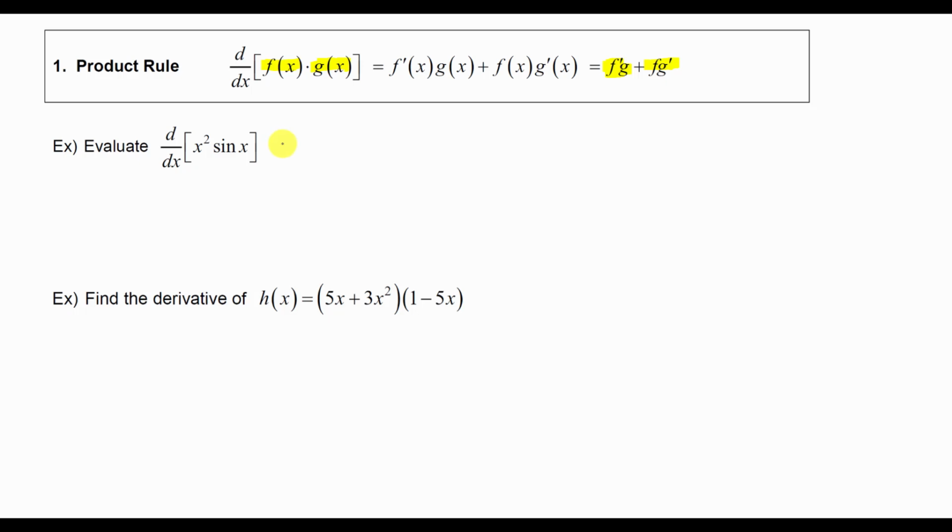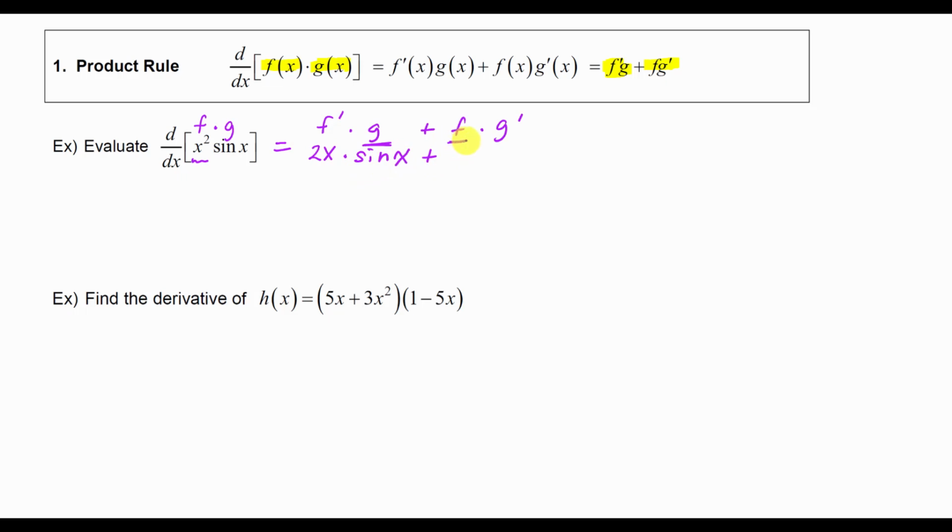And let's go ahead and do some practice problems. Let's just say we want to take the derivative of x squared times sine x. What's really good is if you label on top of the two functions which one is f and which one is g. It is also helpful if you write f prime times g plus f times g prime. And what will be the derivative of x squared? As you know, that will be 2x. And for g, we don't take the derivative the first time. You're just going to copy whatever g is.